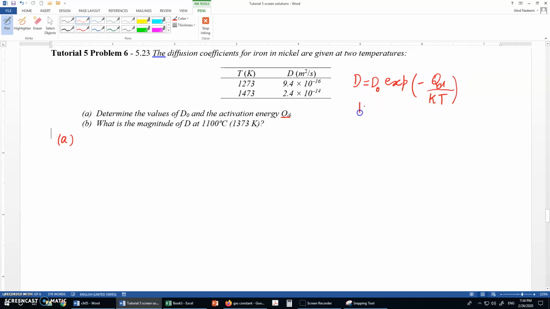So K, the gas constant, can be used as 8.31 joule per mole Kelvin.